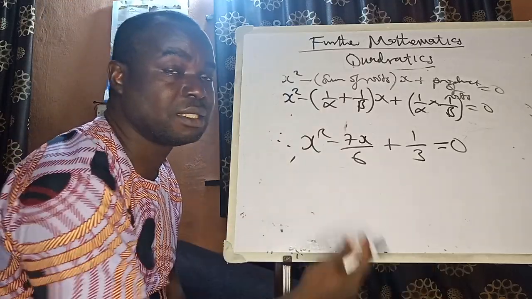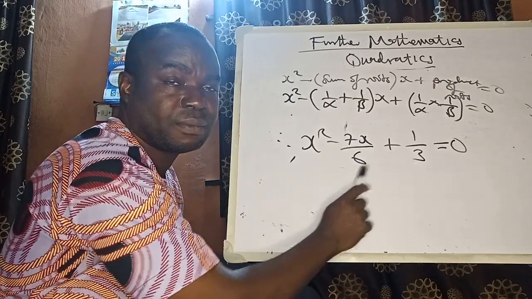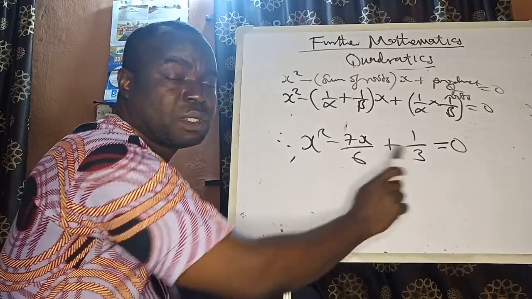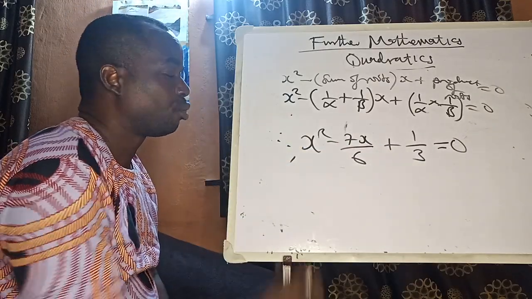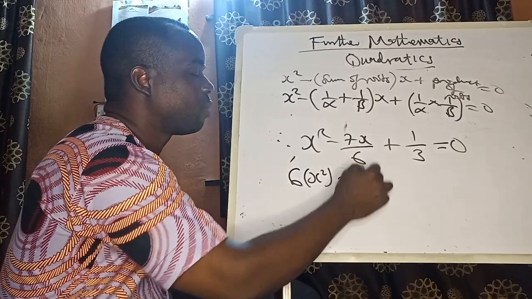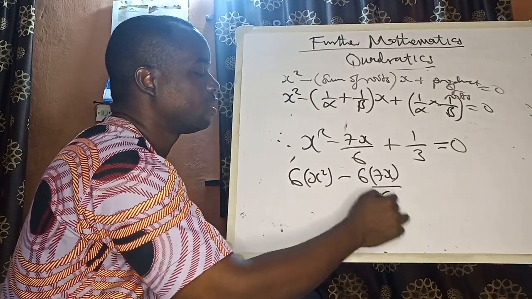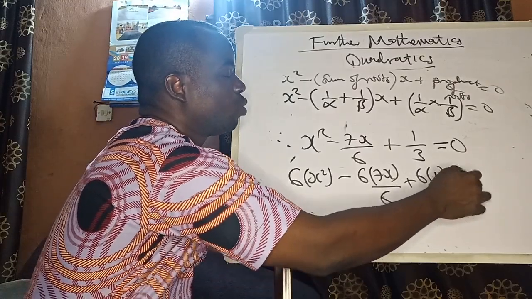You will simplify it. How do you simplify? Pick LCM of 6 and 3. LCM of 6 and 3 is 6. Use it and multiply everybody here. So put 6 bracket x squared, 6 bracket 7x over 6, 6 bracket 1 over 3 is equal to 0.